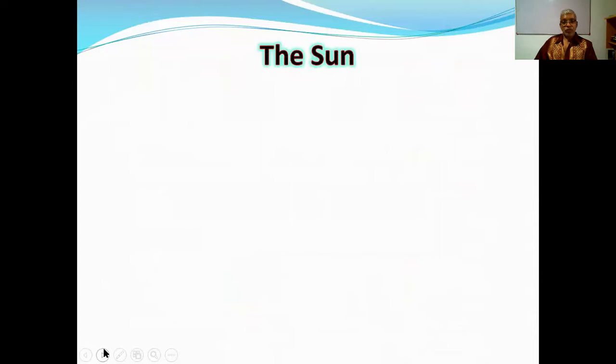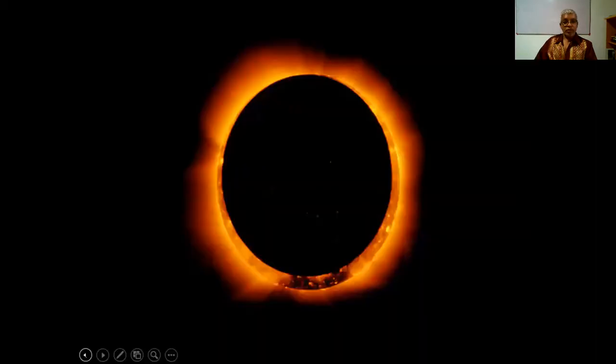The sun is the most important celestial body in our solar system. Again, if you go back, you will see how the sun is visible. Here, this picture shows how the sun is visible in a solar eclipse.